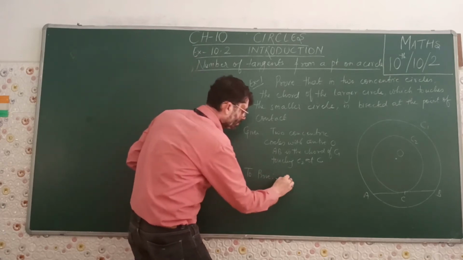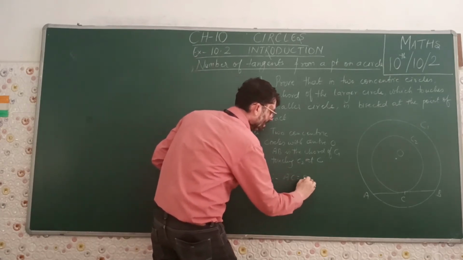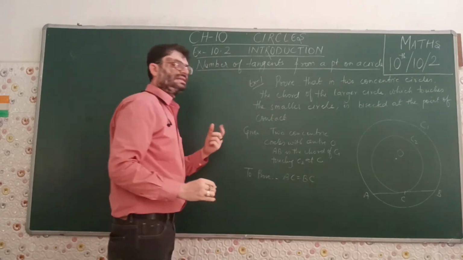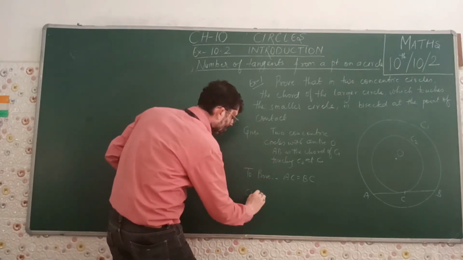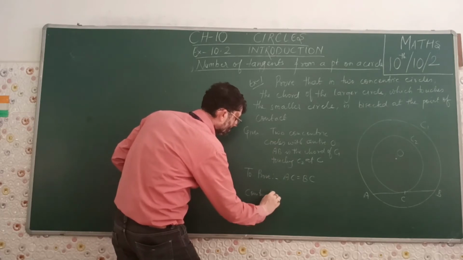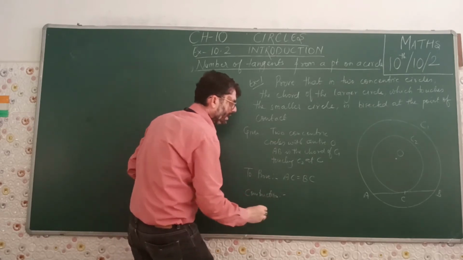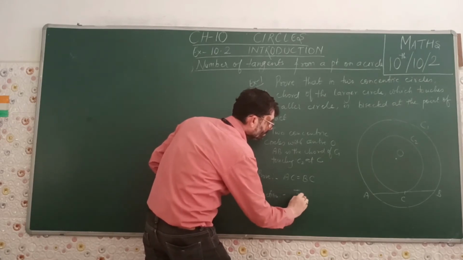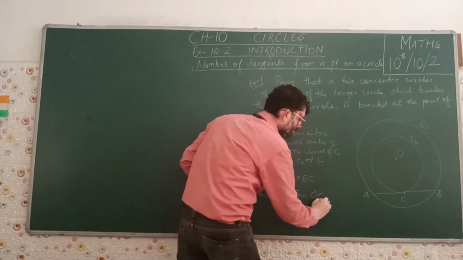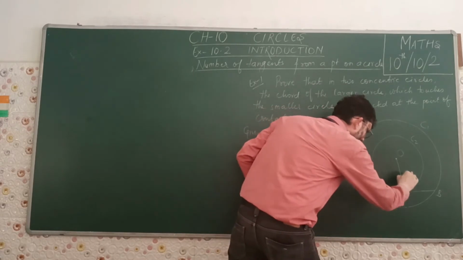That means we need to prove that AC is equal to BC, that C is the midpoint of AB. For that we need to do some construction. What we have to construct? We will join OC.